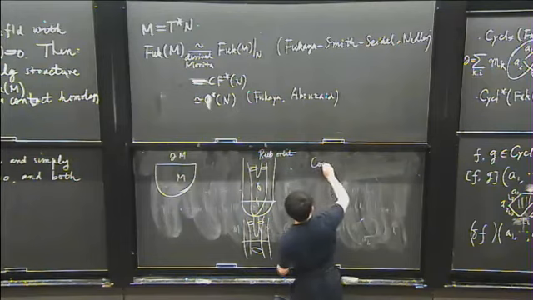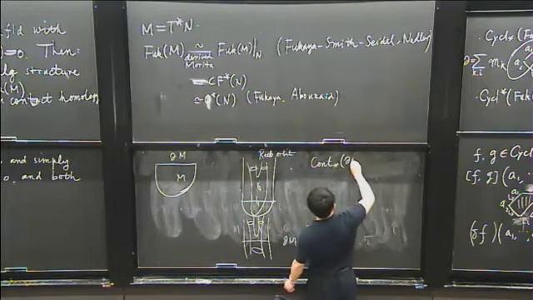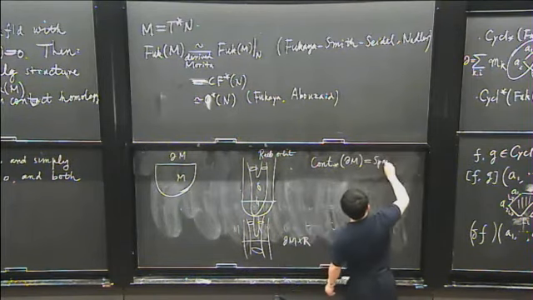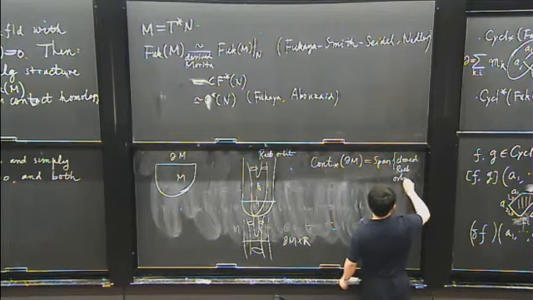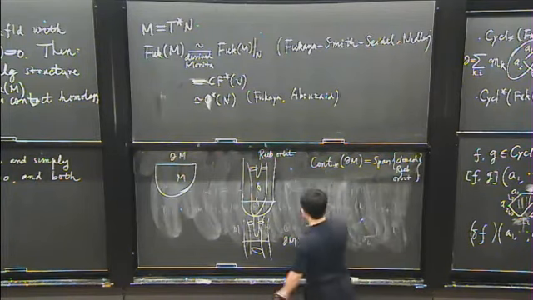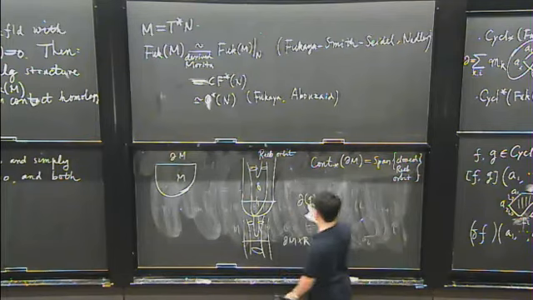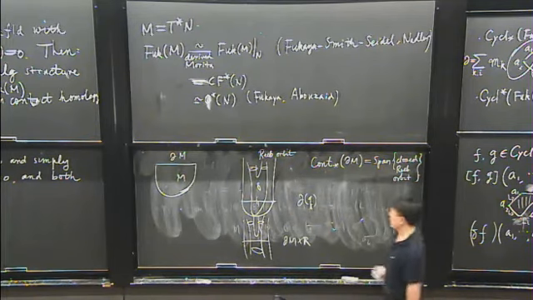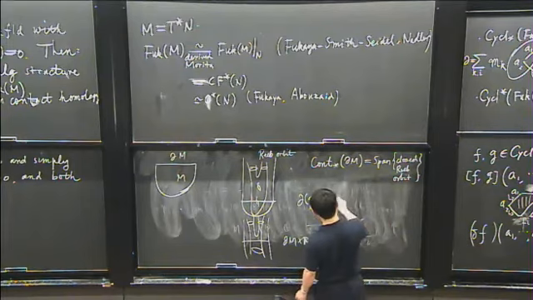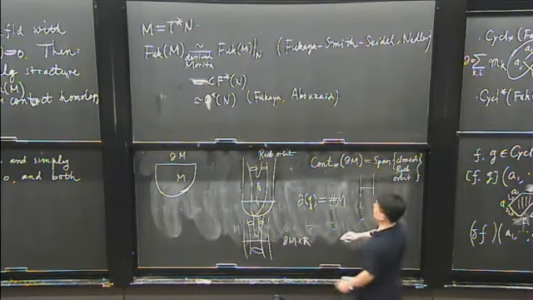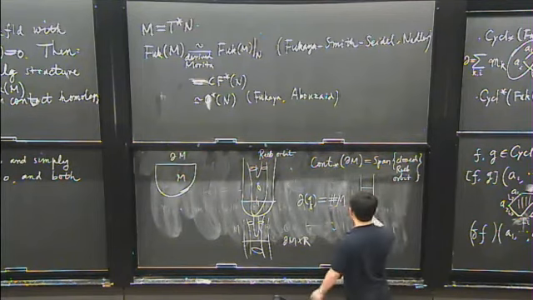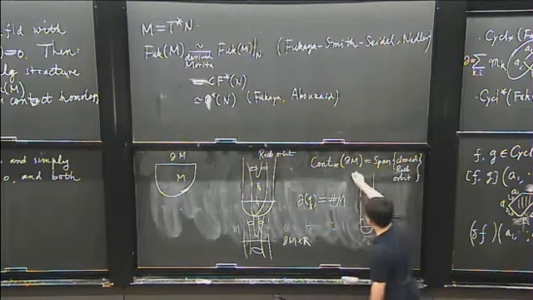The contact homology: the underlying space is spanned by closed Reeb orbits, and the boundary of, say, Q, where Q is a J-holomorphic curve, is just counting this number. We first consider this picture, and then this picture, and we count J-holomorphic curves like this.